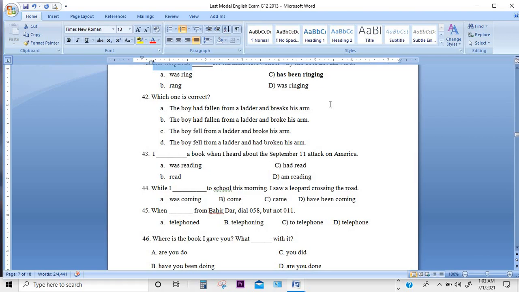Depending on the verb type, we might have an object, but the existence of subject and verb is a must. To call a collection of words a sentence, we need to have subject and verb.